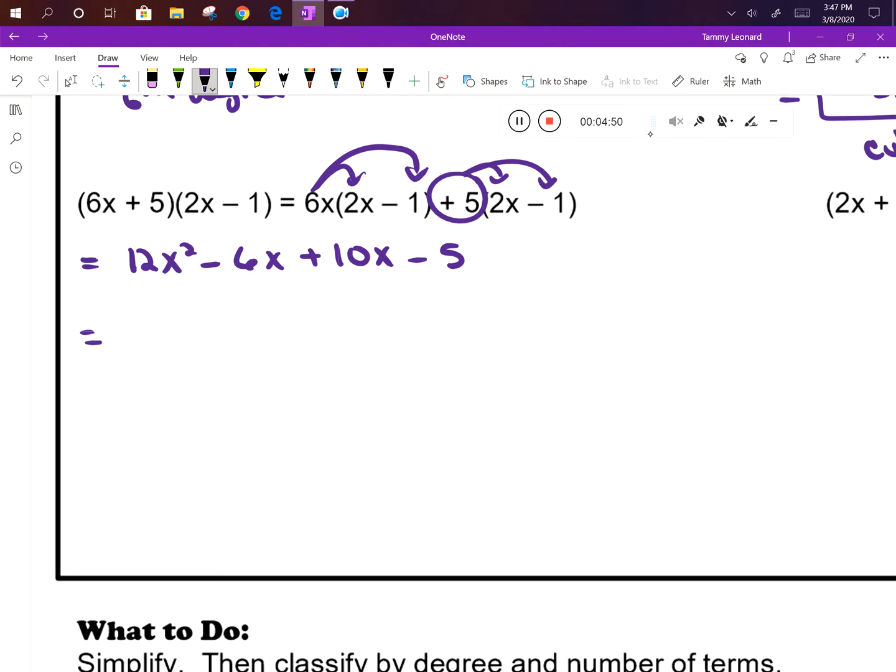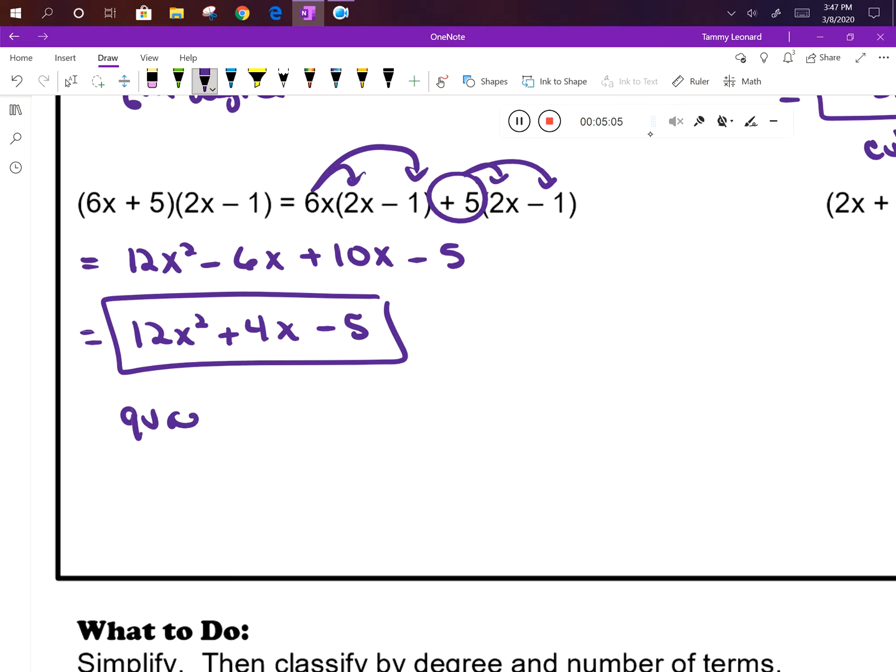Then we look for like terms. The 12x squared and the -5, those are unique, but the 2 terms in the middle are both x terms, so those will get added together. So 12x squared plus 4x minus 5 gives us a quadratic trinomial. It's quadratic because it has the highest power of 2, and it's a trinomial because there are 3 terms.